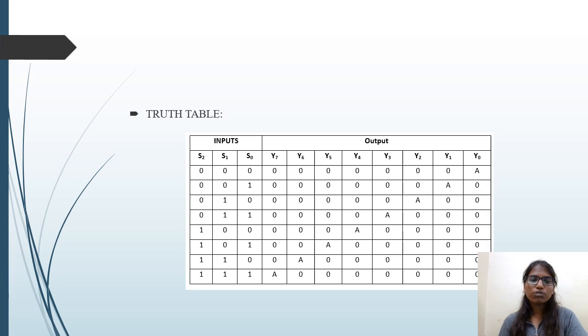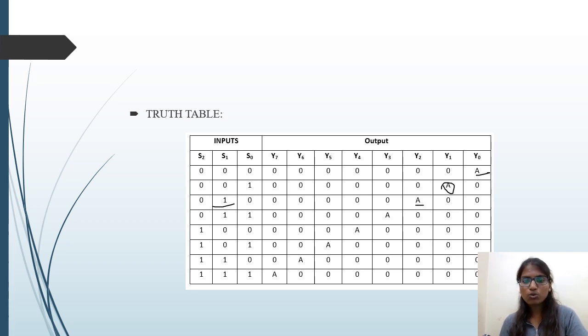Next, the truth table. Here we are having 3 bits, as there are 3 selection lines. So when we take the inputs as 0, 0, 0, we'll get Y0 as A. When we take 0, 0, 1, we'll get the output at Y1. Then when we take 0, 1, 0, the output will be at Y2.